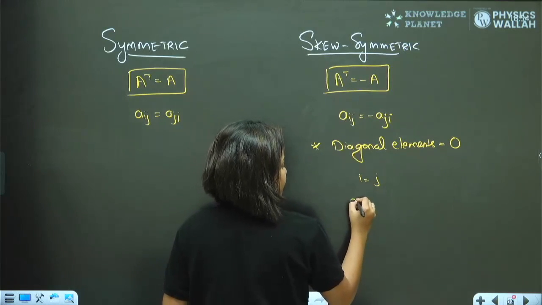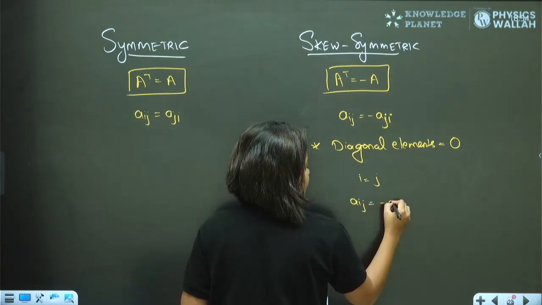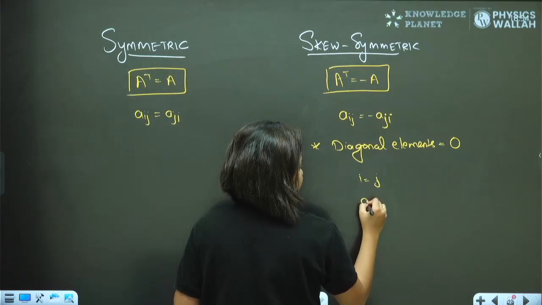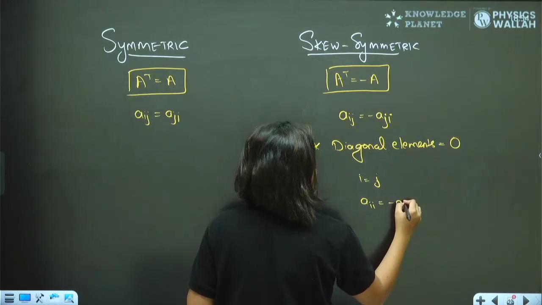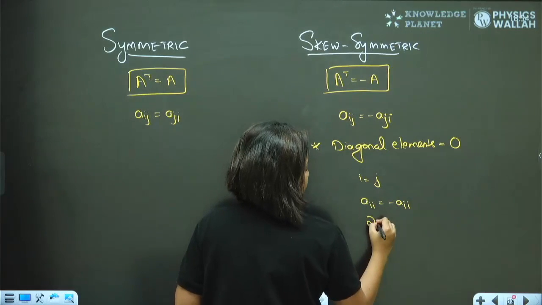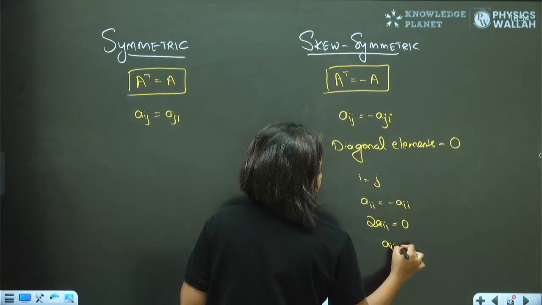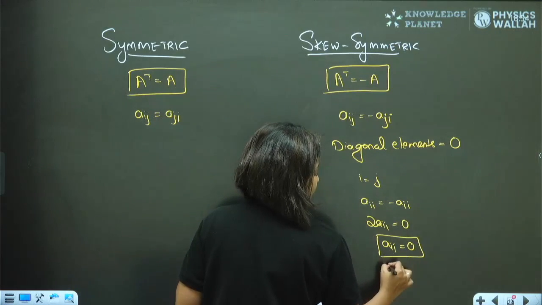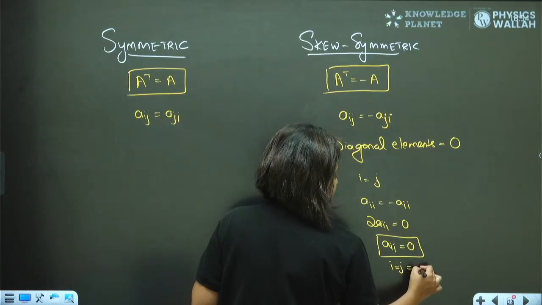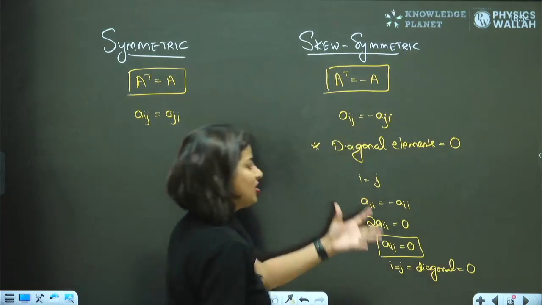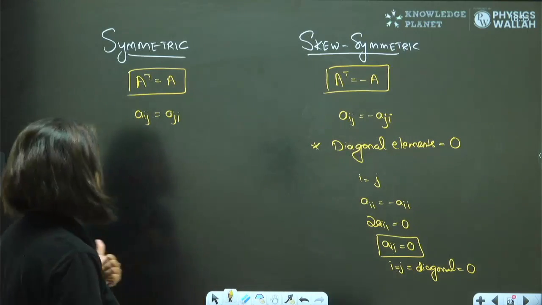Substitute here: Aij is equal to minus of Aji. Let's substitute i equal to j. Aii is equal to minus of Aii. 2 times Aii equal to 0. That means Aii equal to 0. What is Aii? It means i equal to j. That means the diagonal element equals 0. That is what it's trying to tell us.